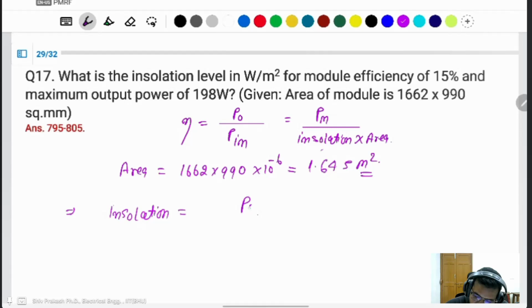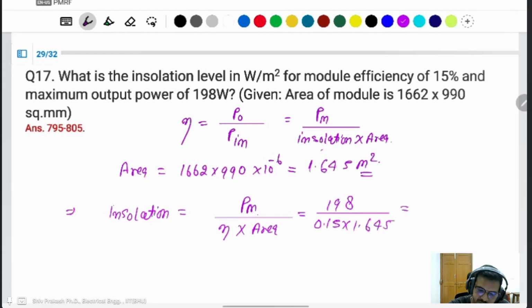Insulation is output power divided by efficiency into area. Output power is given as 198, efficiency is 15%, which means 0.15, and area is 1.645. This gives 82.24 watt per meter square.